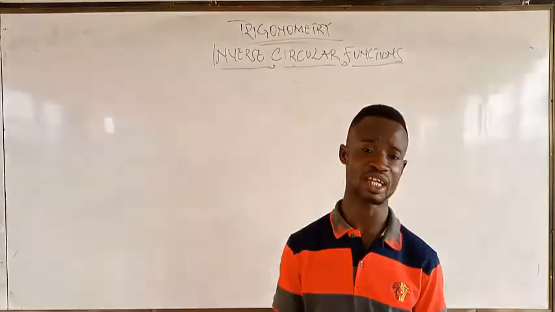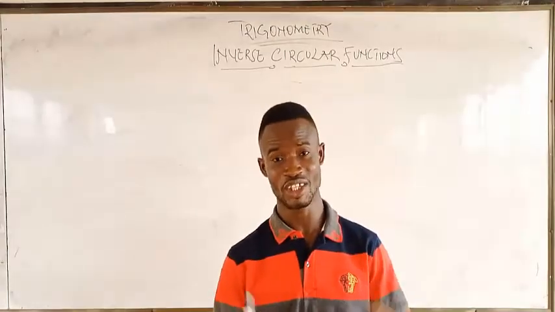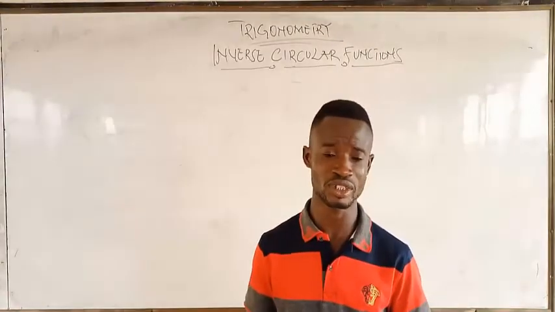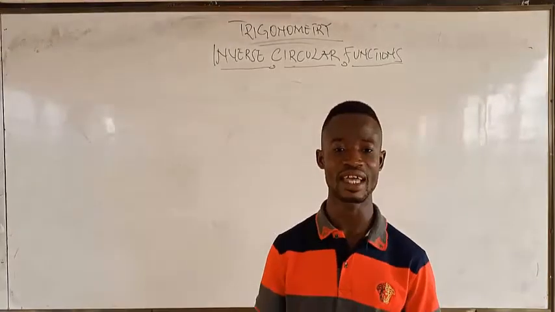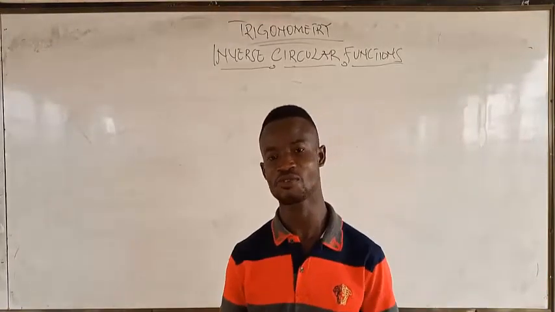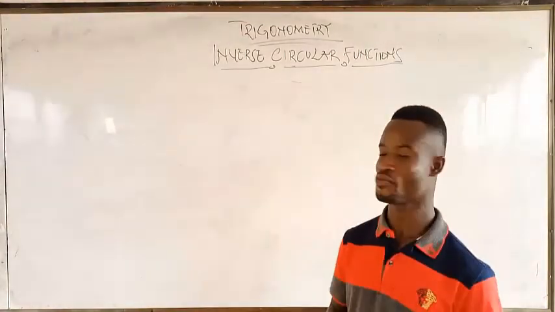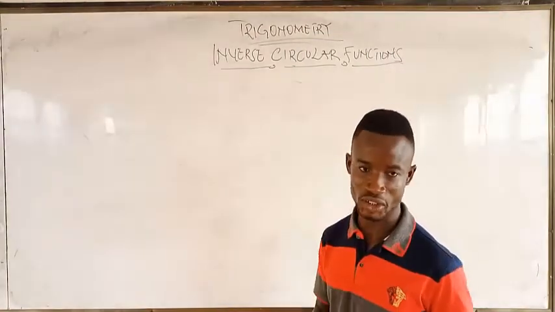We'll be looking at the inverse of all, and trust me, you will have it. Then we move on to the last part, the inverse function values, how to find the exact value of the inverse function.